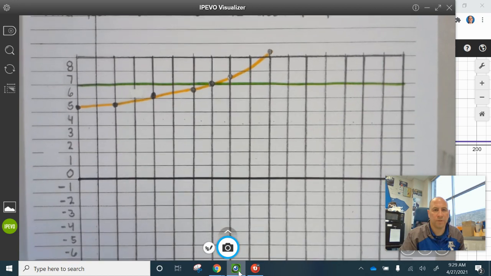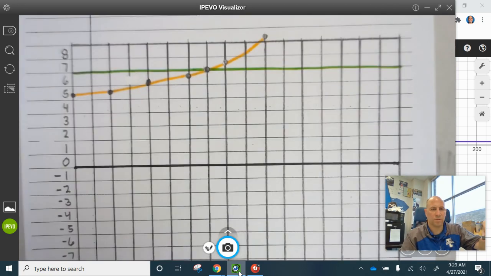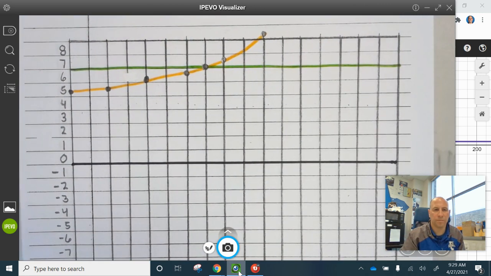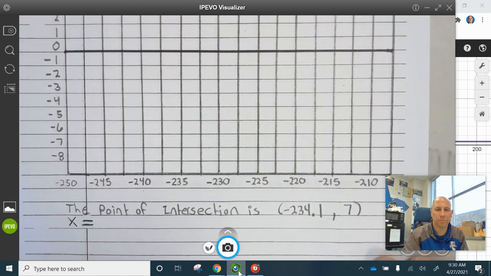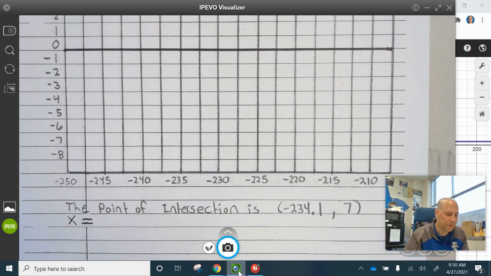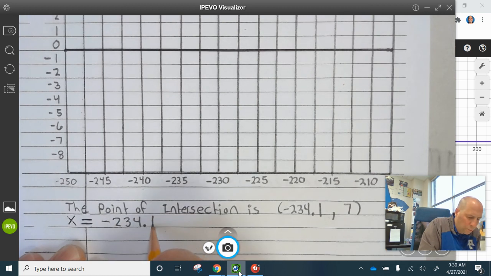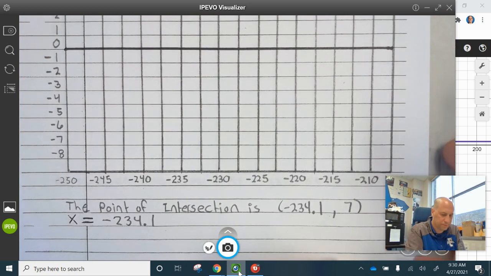I'll give you a second to finish up your graph. All right, so the point of intersection is negative 234.1, comma 7. So your x value in your solution is negative 234.1. All right, go ahead and finish up example 2.